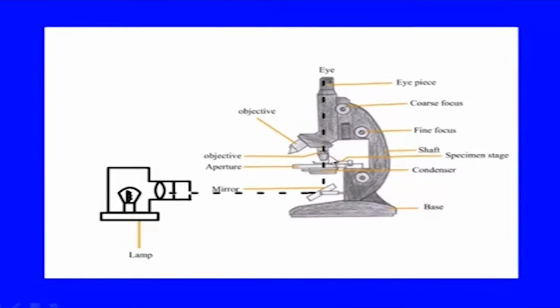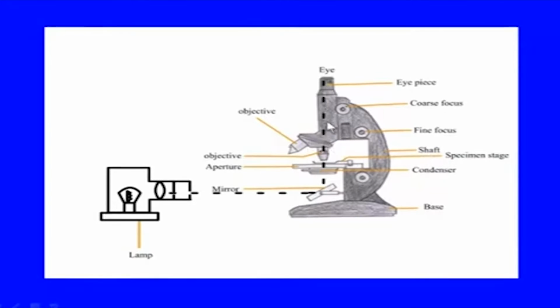Most of the advanced microscopes will be parfocal, in other words, the specimen will not lose focus when you change the objective by rotating the nose piece. That is a very important thing here.